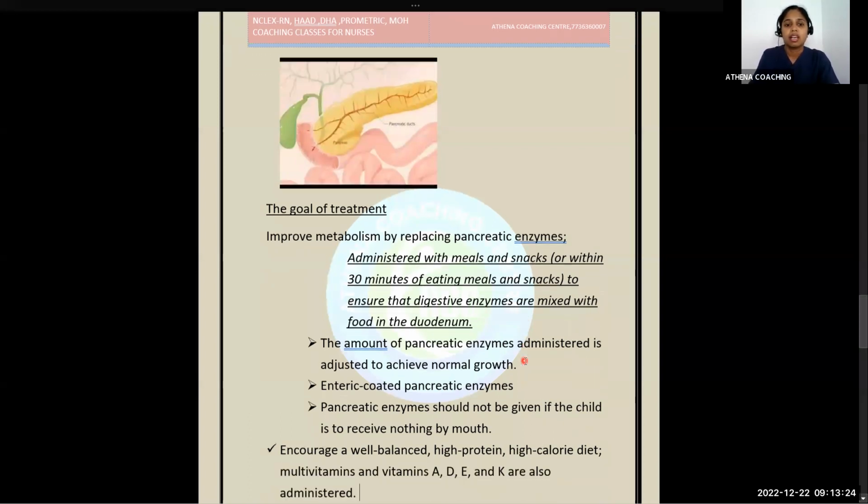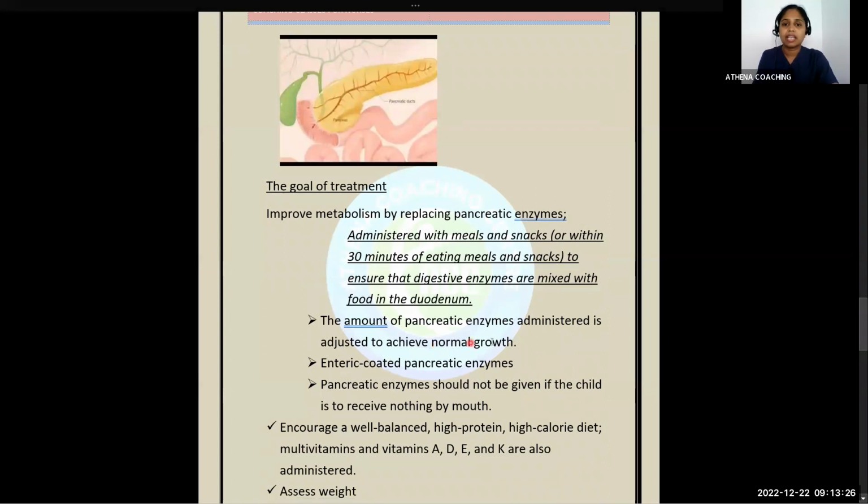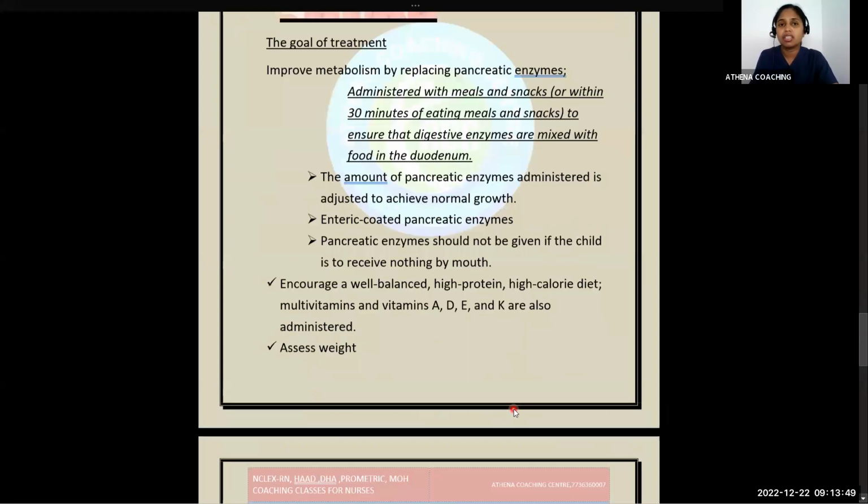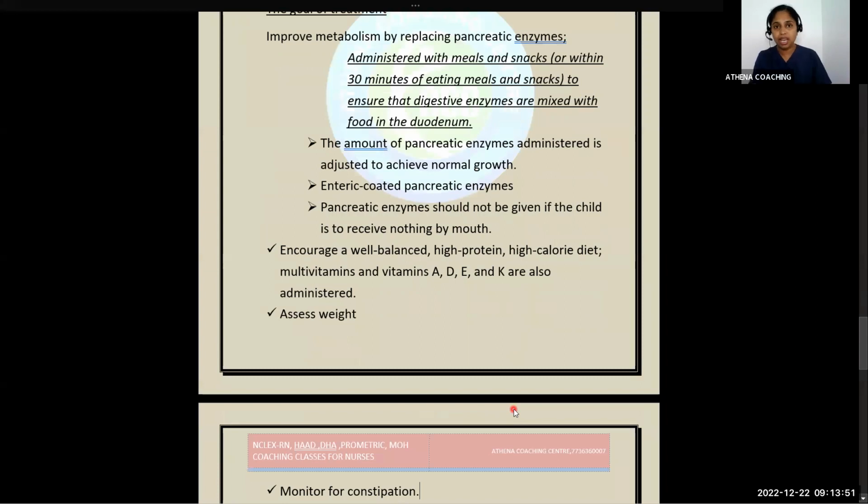So the amount of pancreatic enzyme administered is adjusted to achieve normal growth. It should be based on the child's age and the amount of food which they consume. Enteric-coated pancreatic enzyme can be given, but pancreatic enzyme should not be given if the child is to receive nothing by mouth, or if the patient is kept NPO.